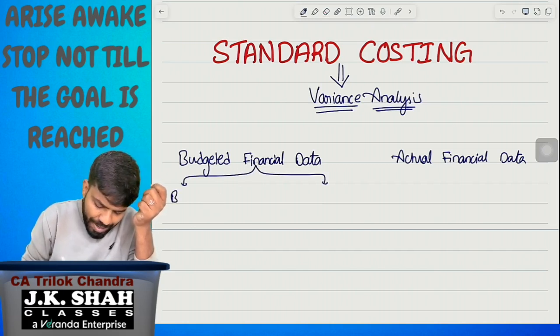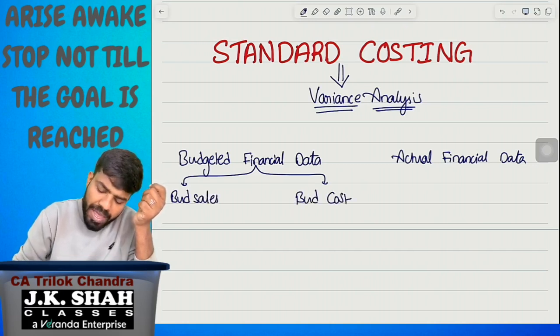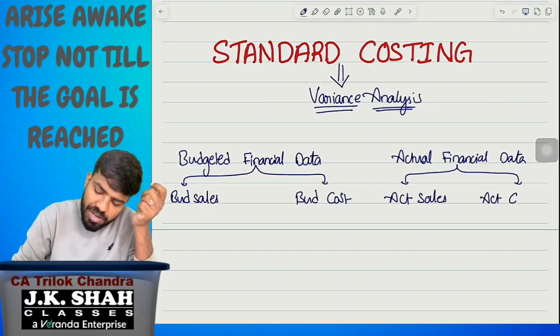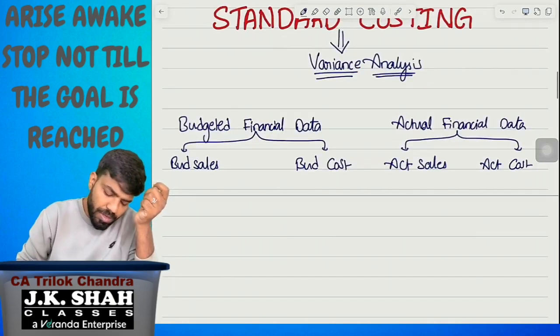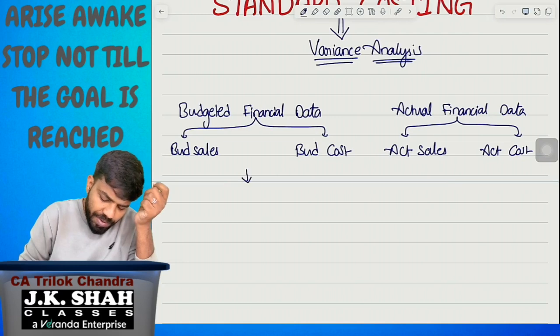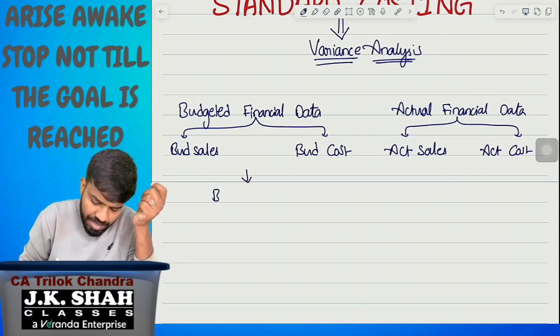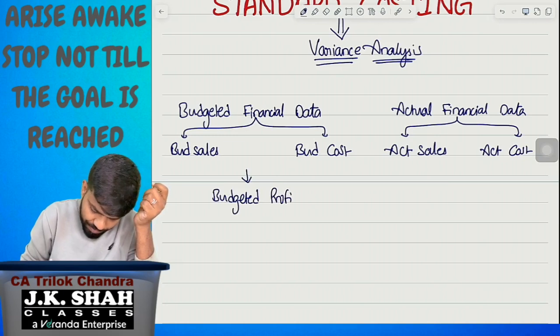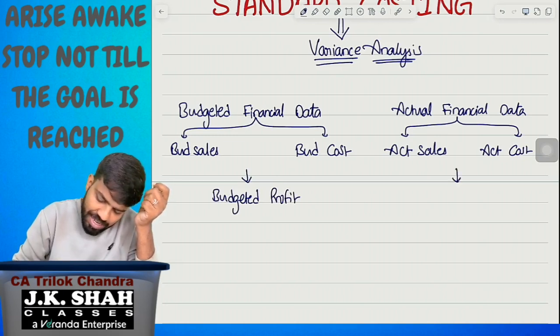One is budgeted sales, and one more is budgeted cost. Actual financial data also has two things: one is actual sales and the other is actual cost. From these two pieces of information, we can arrive at the budgeted profit. From the actual data, we can arrive at the actual profit.